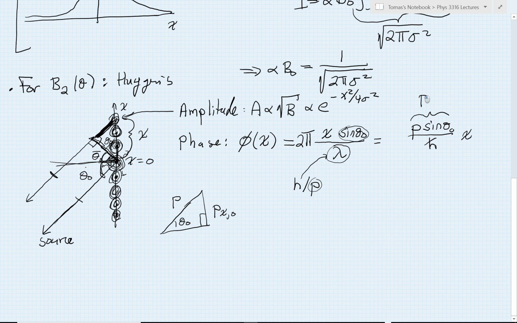So I will call this the x component of the momentum, comma 0. That is their incoming x momentum. They come in with some momentum along the x direction. Our task is really to figure out what happens to their outgoing momentum once they've passed through the filter.